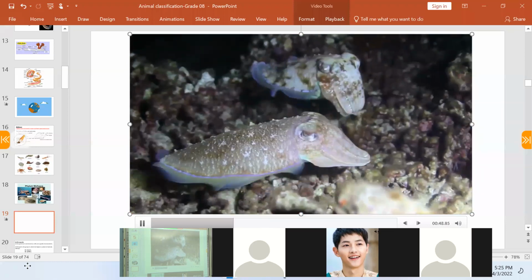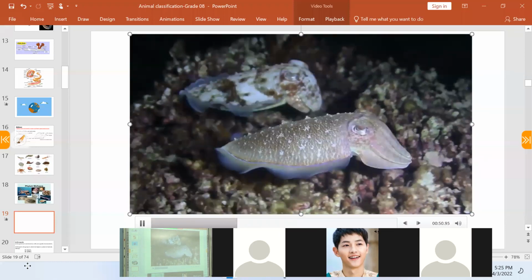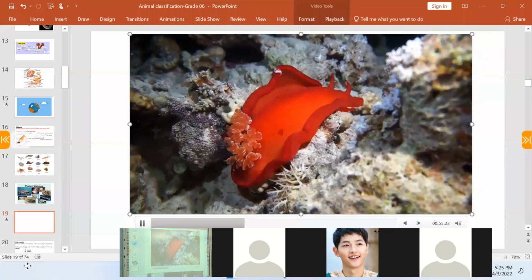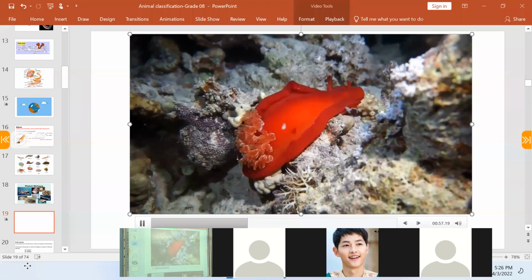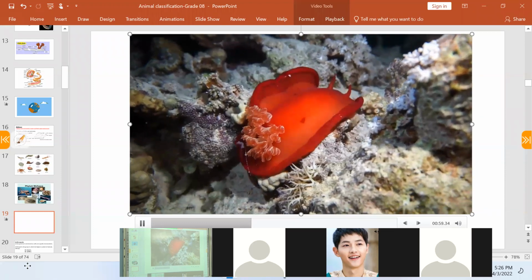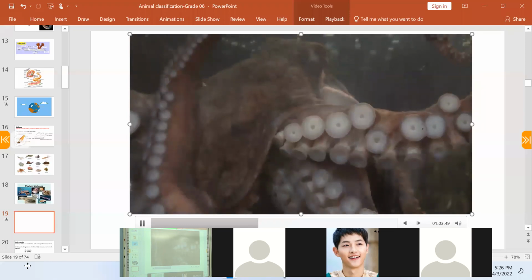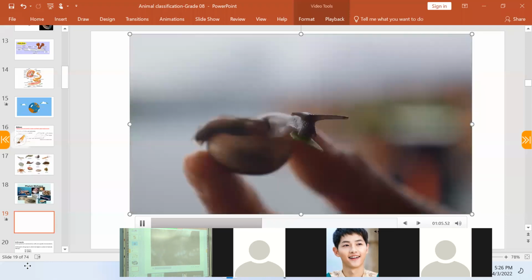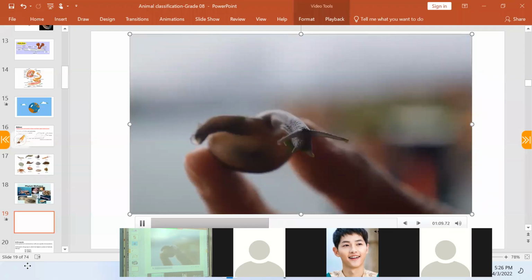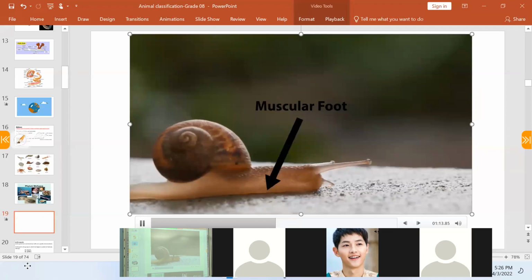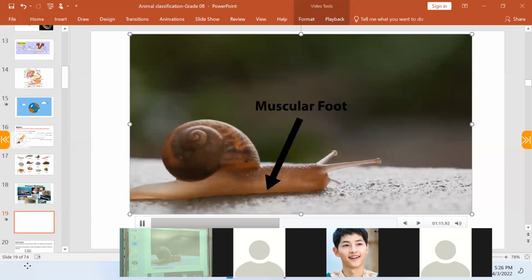The soft body of mollusks contains tissues and organs to carry out life processes. They have digestive, respiratory, and circulatory systems. Most mollusks have a specialized mouth structure called a radula, which is a series of tiny teeth used for scraping food particles into the mouth. Mollusks also have a muscular organ called a foot, which is used to move about.